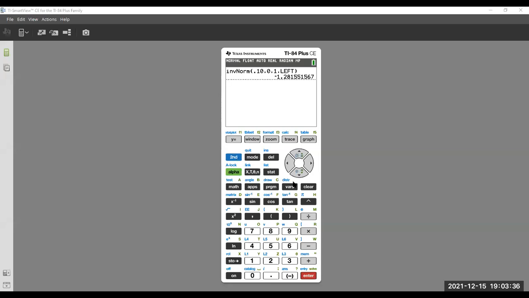So lower bound, 115. I'm sorry, I got to jump back for a second. 115.